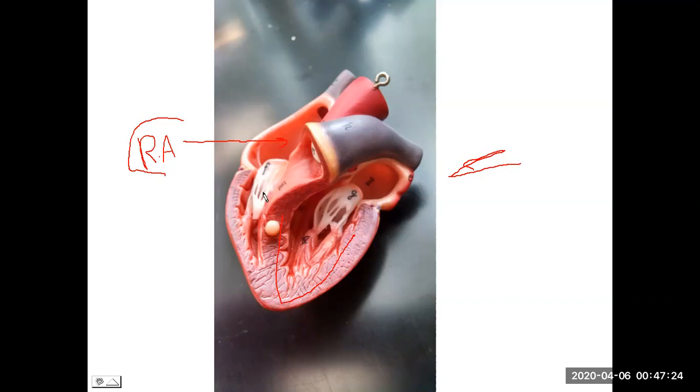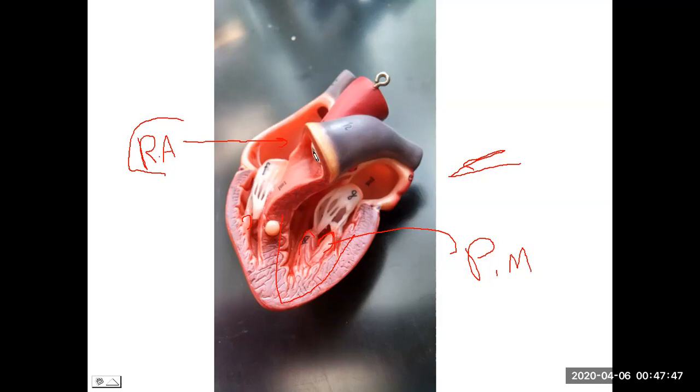As we move inferiorly down into the ventricle, this section here, or seen really well over here, that's that term of the papillary muscle. So the papillary muscle, it's embedded in the structure of the ventricle. It's a portion of the muscle.